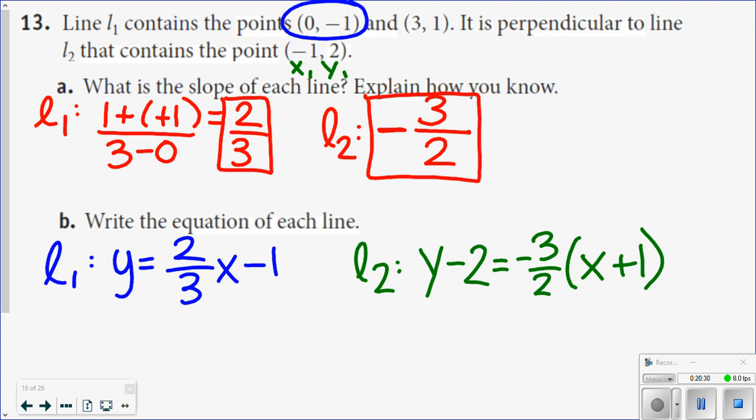So one of them is in slope-intercept, one of them is point-slope, and we can leave it like that. It didn't say we had to choose a certain way to write it, so let's use the easiest one.